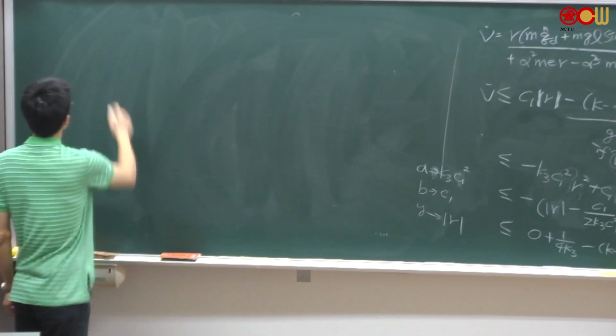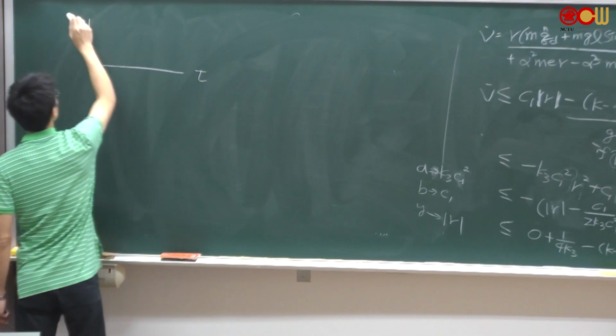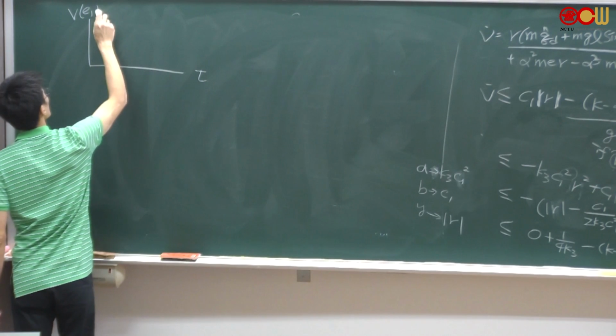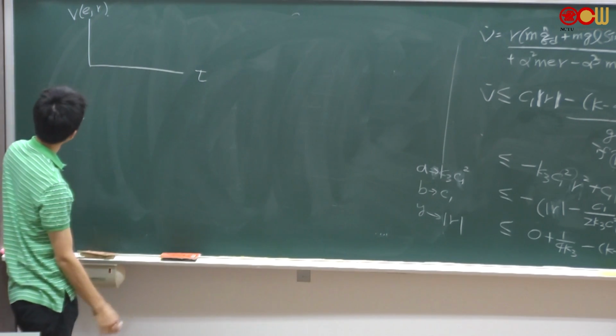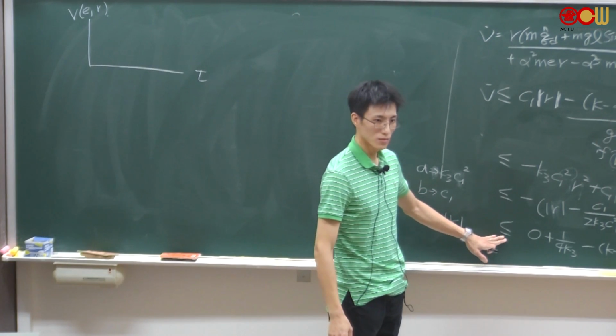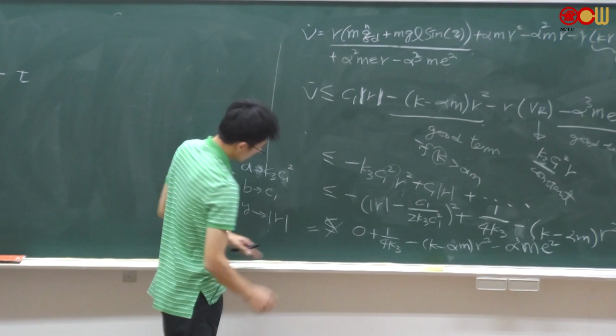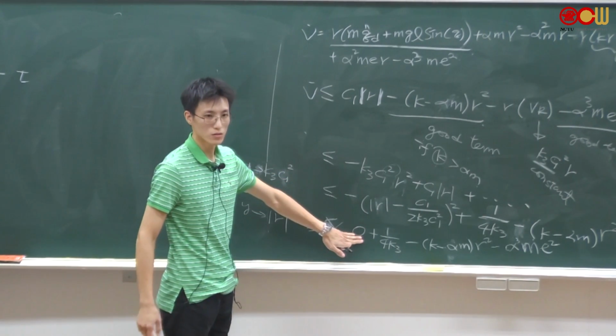So now let's plot the above function. The upper bound is not equal. This term is not equal to this.